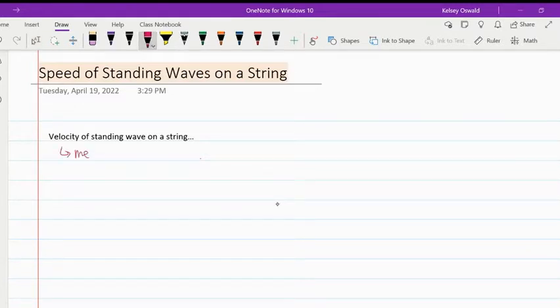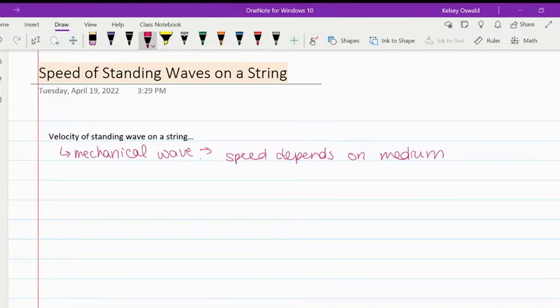And remember, for a mechanical wave, the speed depends on the medium. So basically, what this means is different factors about the string will determine how quickly our wave is able to propagate.